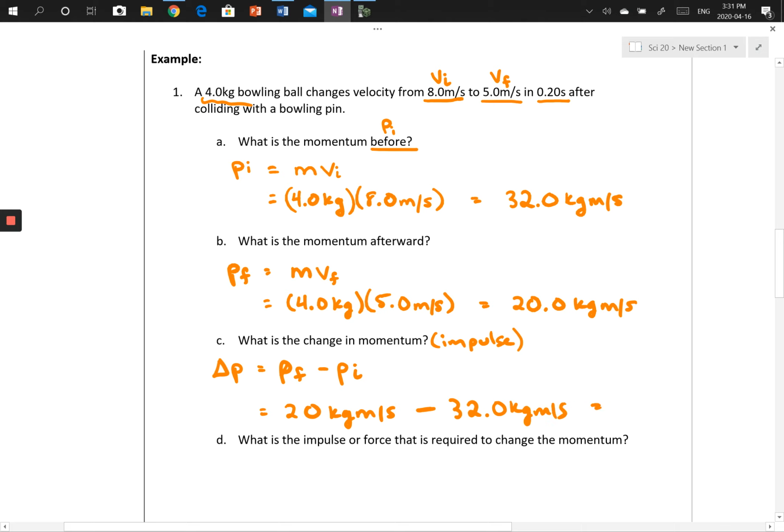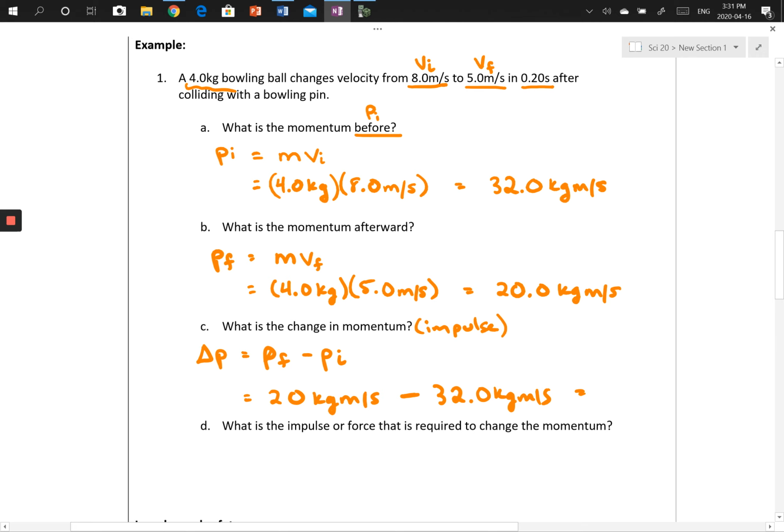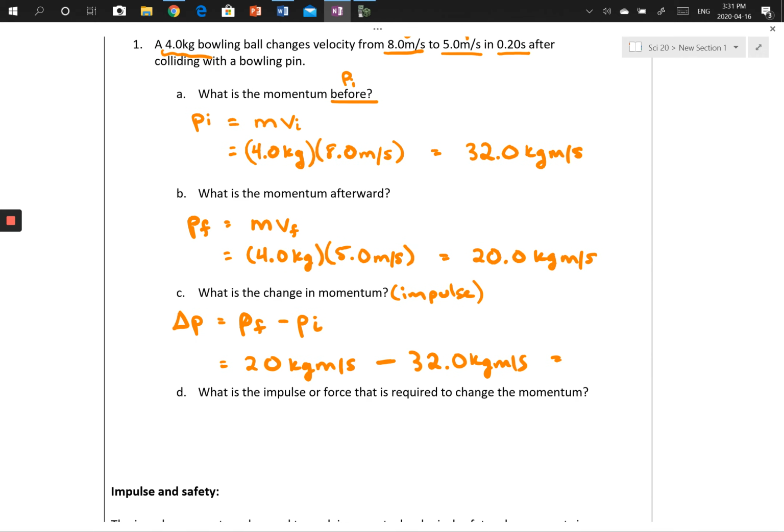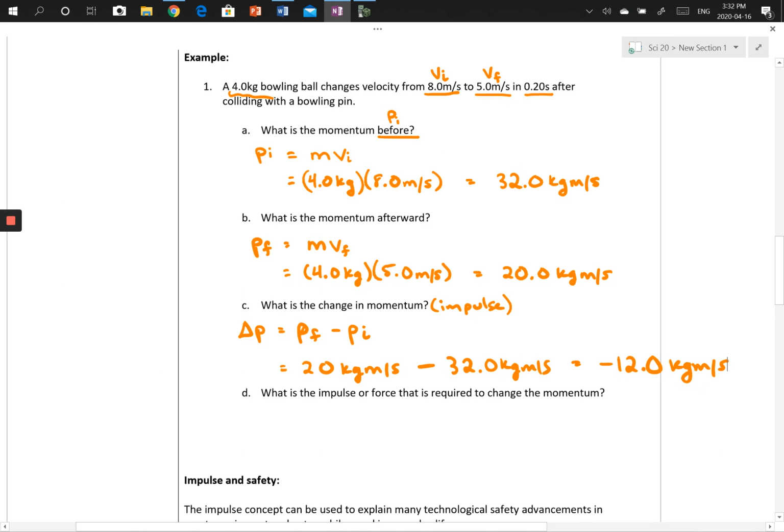I think you can see I am going to get a negative number. So I take 20 minus 32 and get negative 12 kilogram meters per second. That makes sense because the bowling ball lost momentum after it hit the pin, so it makes sense that we would have a negative impulse here.